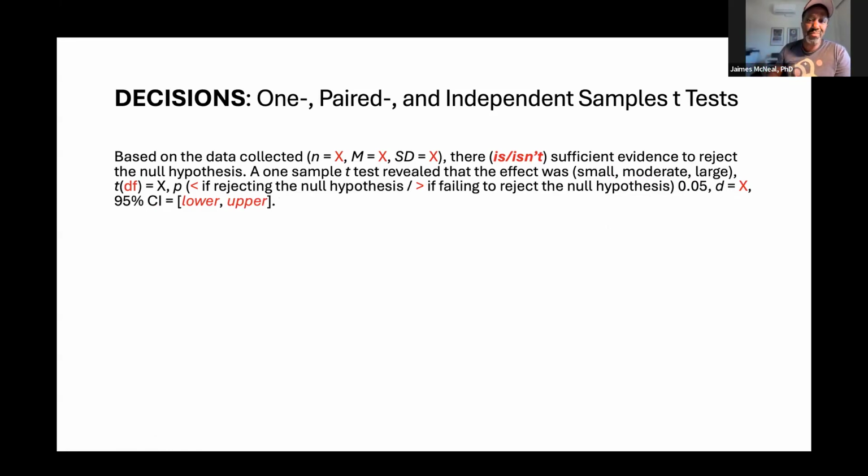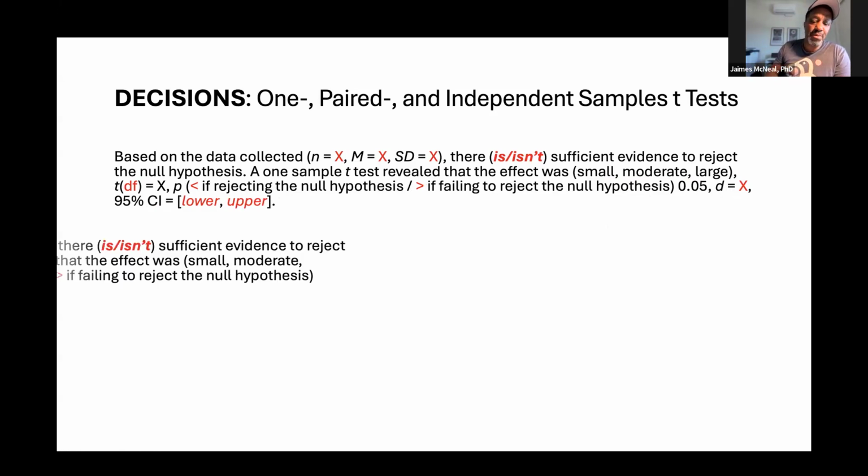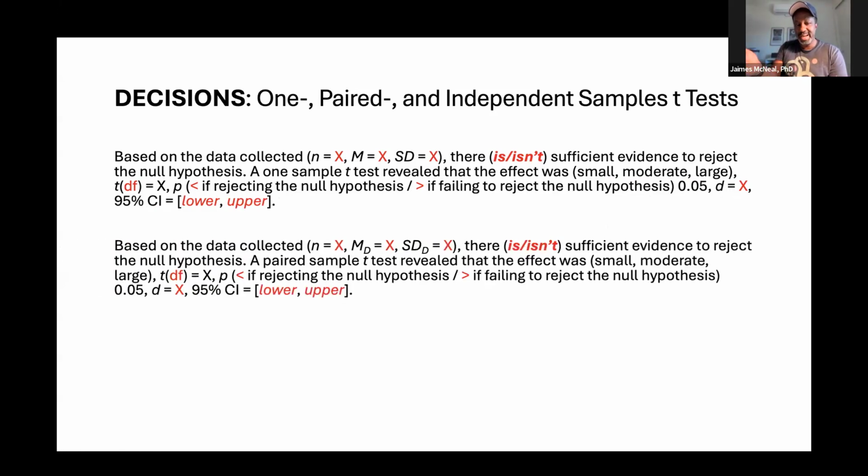That's the basic structure. For a paired sample, it looks very much the same, except now we're talking about the difference. So based on the data collected, n still is whatever the n size is, but now the mean is the mean difference, and the difference is a subscript. And the standard deviation difference is a subscript. There is or isn't, just like before.